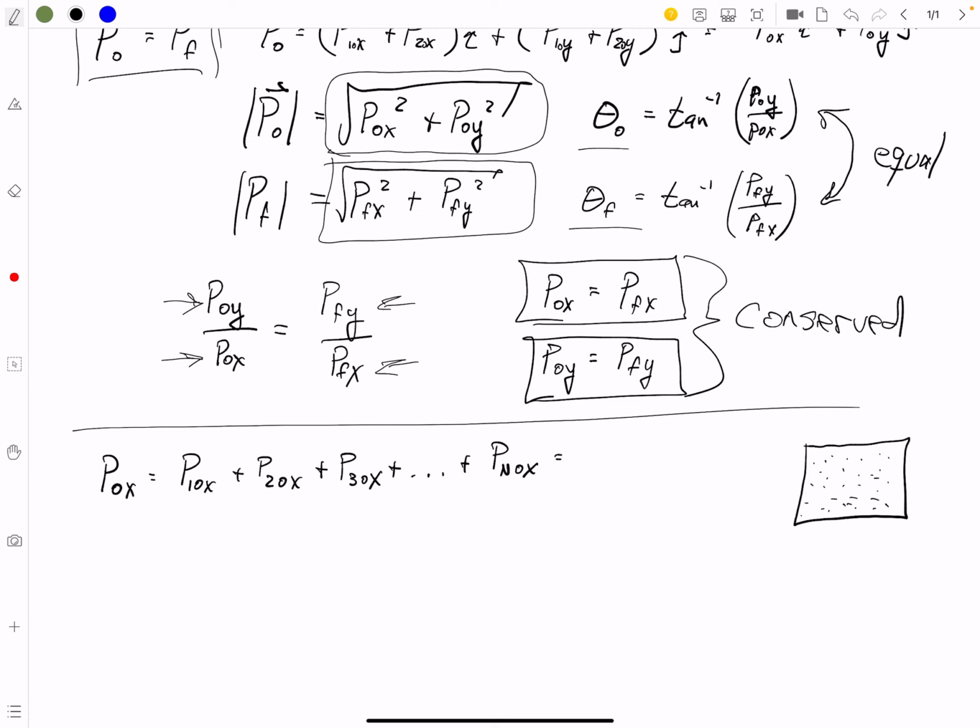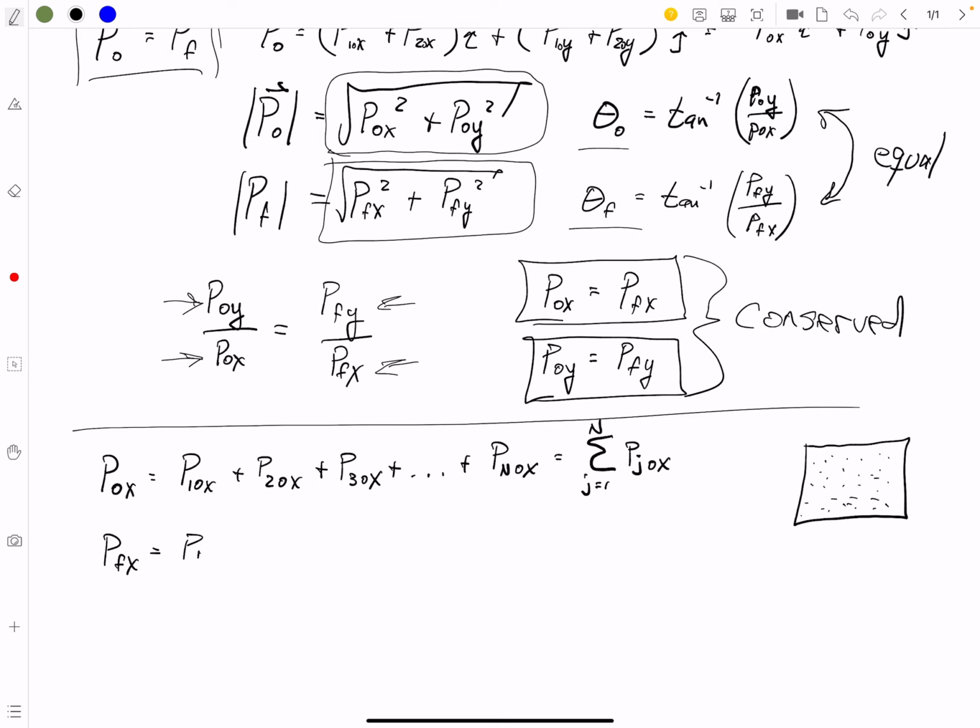So that is the sum from j equals 1 to n of all the pj naught x's. Okay, that's going to equal our p final x, and we're going to write that out.